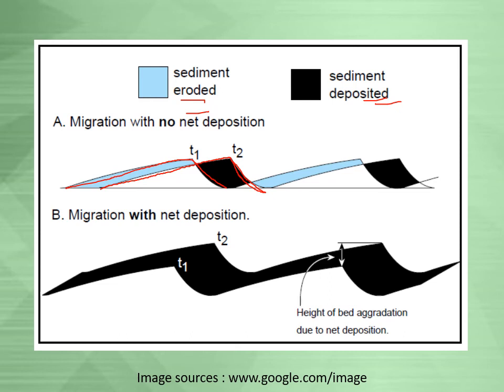But as I previously said, there are some sediments which are suspended in the flowing medium. If those suspended particles start to deposit while this process is going on, that means migration or forward movement of asymmetrical ripples, but the net deposition from the suspended portion is small, then these kinds of ripples are found.